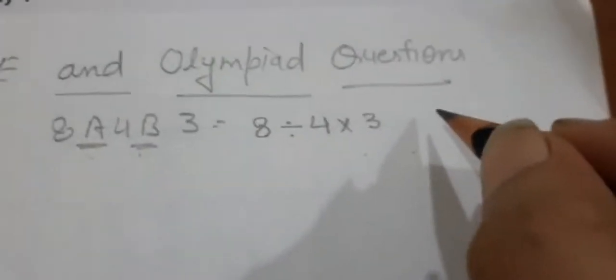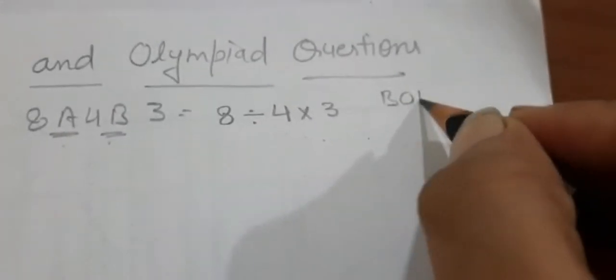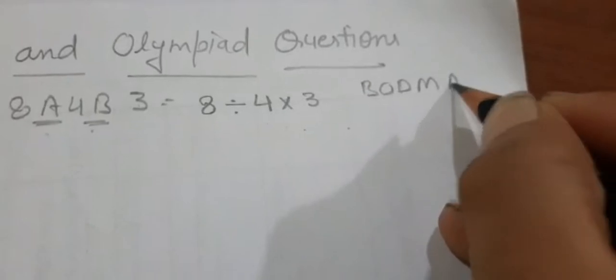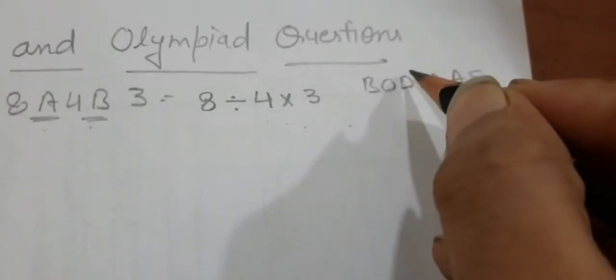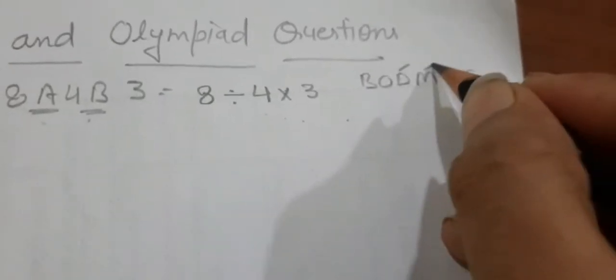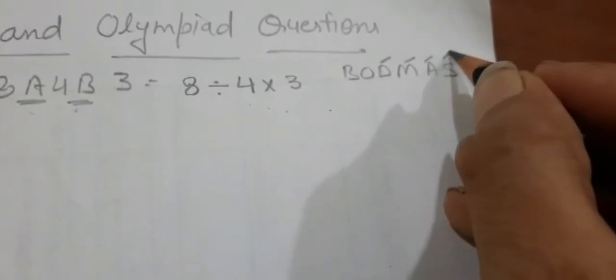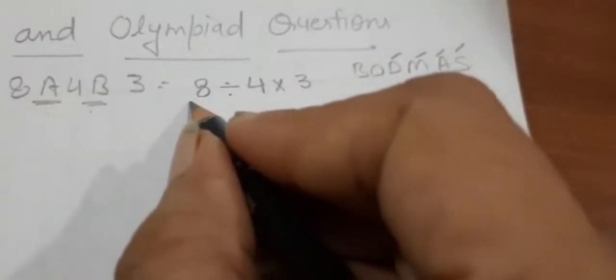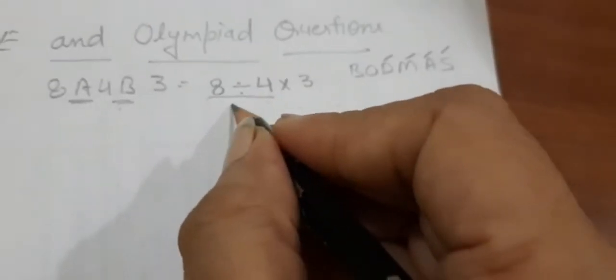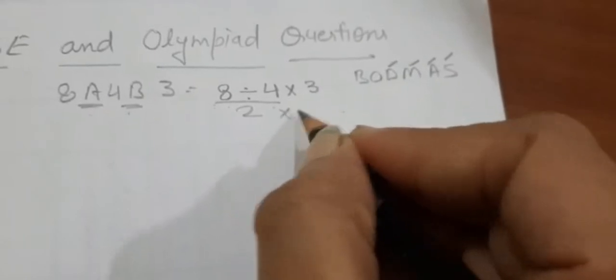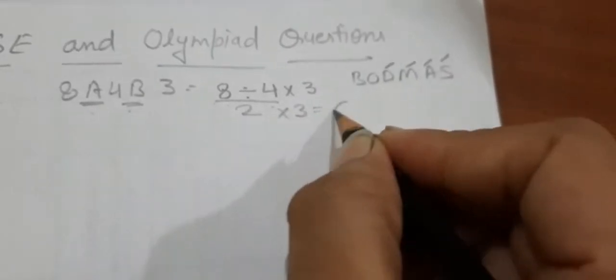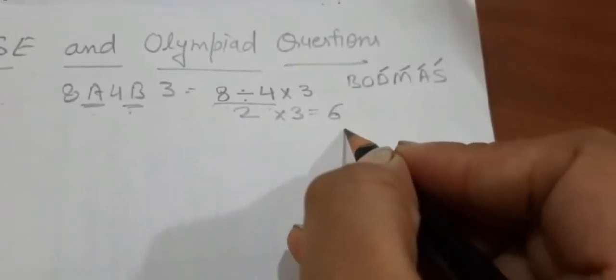As per the BODMAS rule, as I explained to you earlier, first we will divide, then multiply, then add and then subtract. So in this equation also first we will divide. 8 divided by 4 is 2. Now 2 will be multiplied by 3. The answer will be 6.